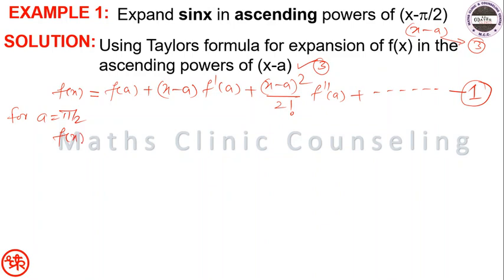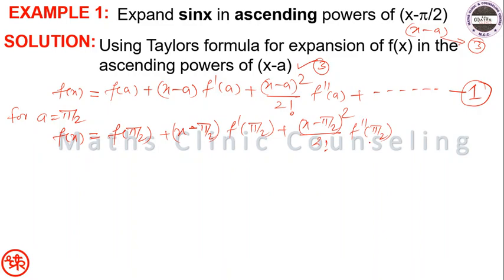f of x equals f of pi by 2 plus x minus pi by 2 into f dash of pi by 2 plus x minus pi by 2 whole square by 2 factorial f double dash of pi by 2.